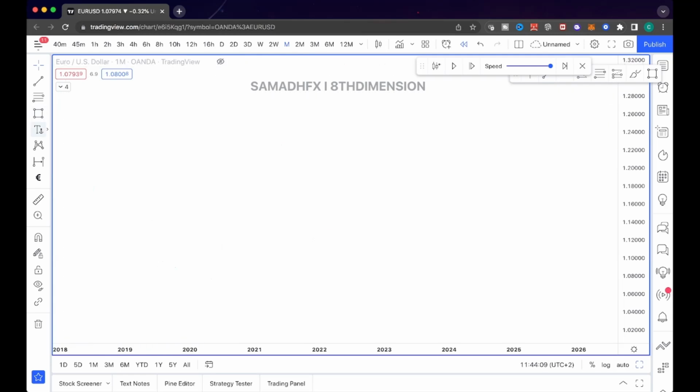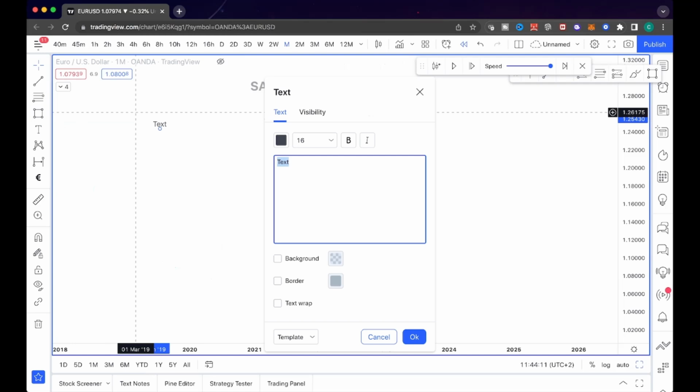So the most important thing about structure, in my opinion, is to identify what really is higher time frame. And in my opinion, higher time frame is, and then I will show you why, higher time frame is only monthly, weekly, and daily.